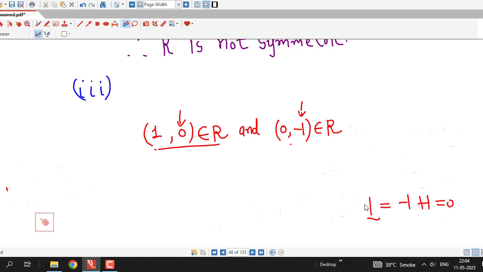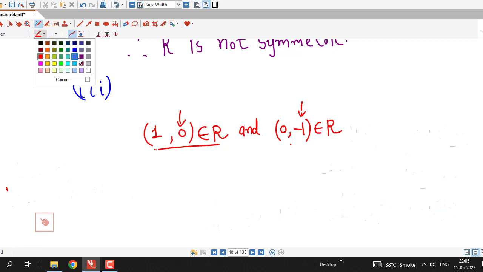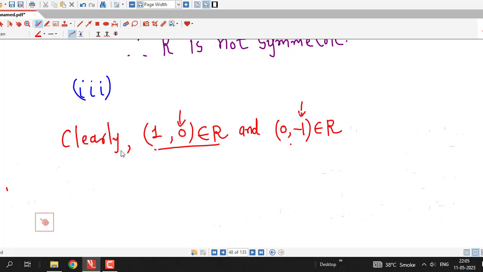We have obtained two ordered pairs such that (A, B) belongs to R and (B, C) belongs to R, but (A, C) is not in R. So we can write here that clearly (1, 0) belongs to R. Why? Because 1 equals 0 plus 1. Similarly (0, -1) belongs to R. Why? Because 0 equals minus 1 plus 1.